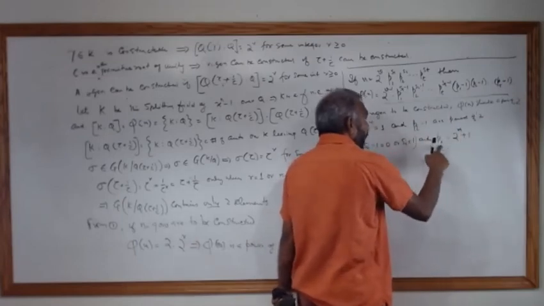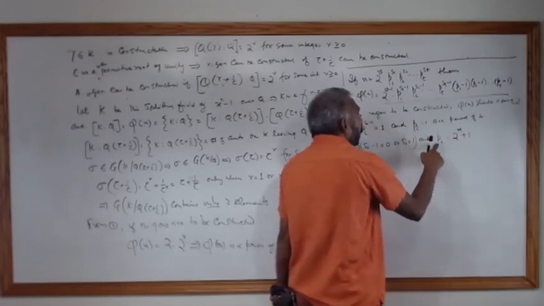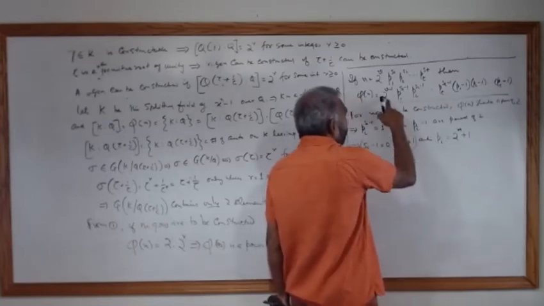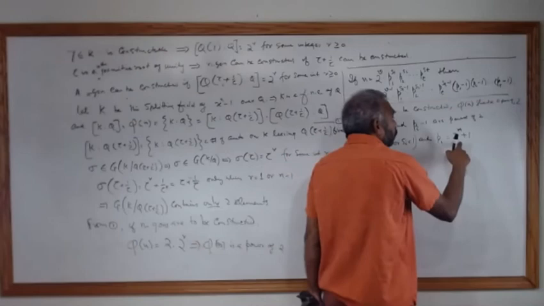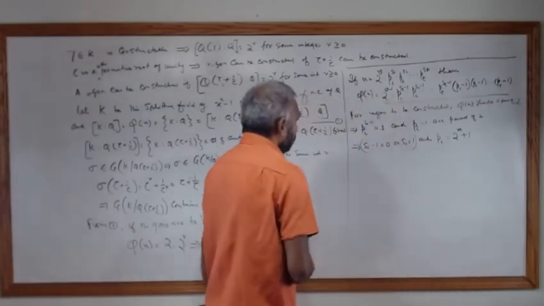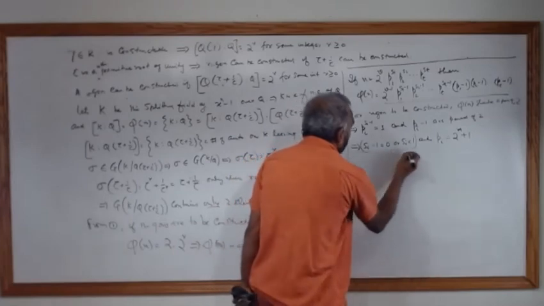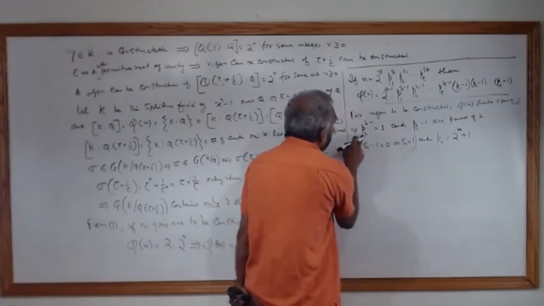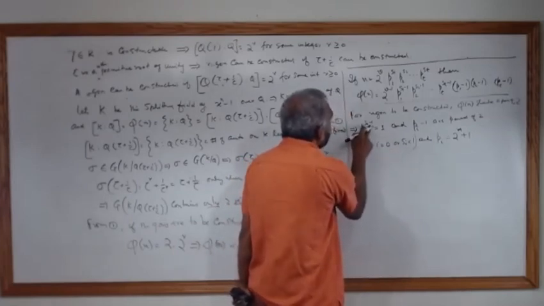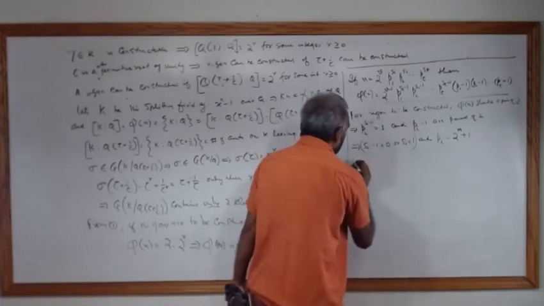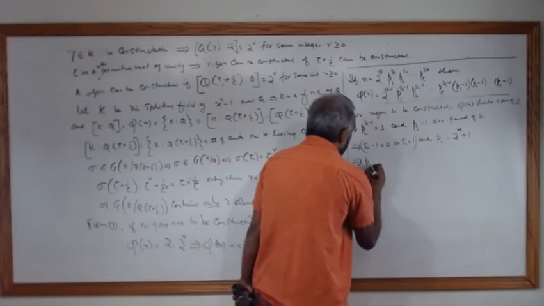So each prime factor other than 2 has to be in this form. So what does this imply? This implies that pi square does not divide n. It should occur only once.